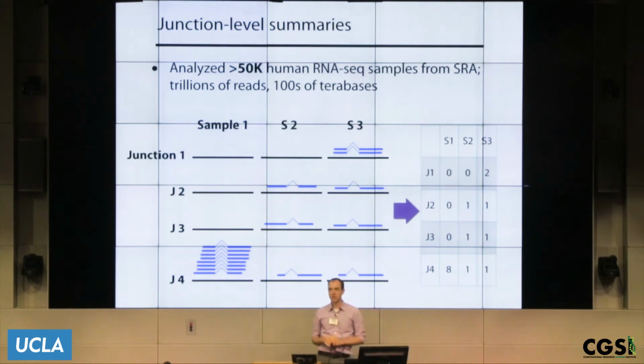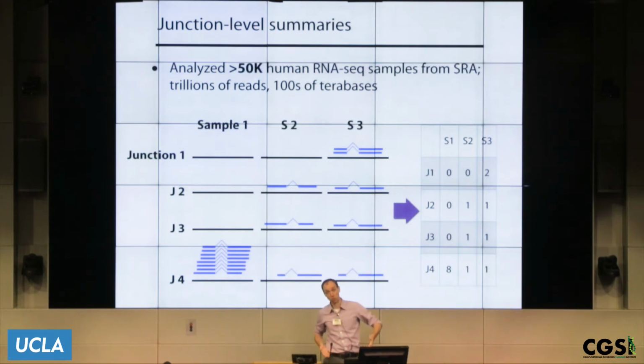But suffice it to say that at the end of the day, what we get is a summary, which is basically like a big matrix, where the rows of the matrix are all splice junctions, so intervals of the genome that were spliced out, and the columns are samples. So for every individual we studied, we can count how many reads supported that splice junction in that sample, how many reads seem to go across that splice junction in that sample. So more reads means we saw it more often.